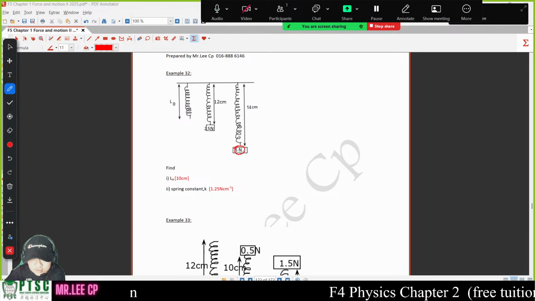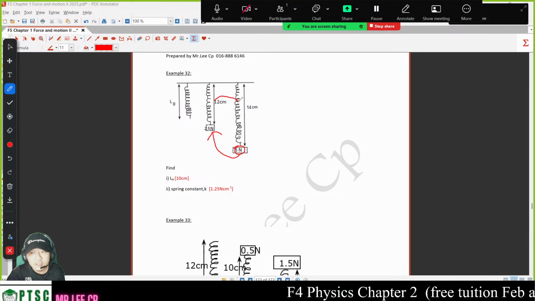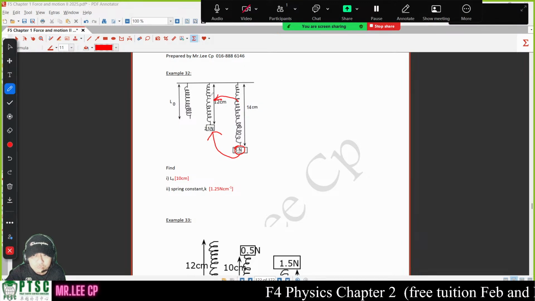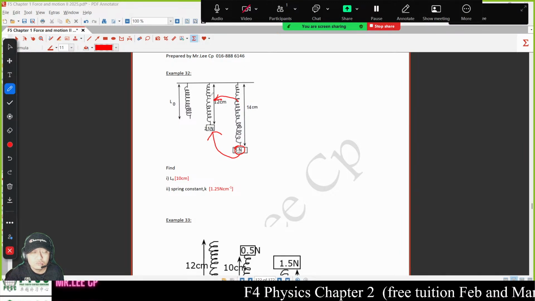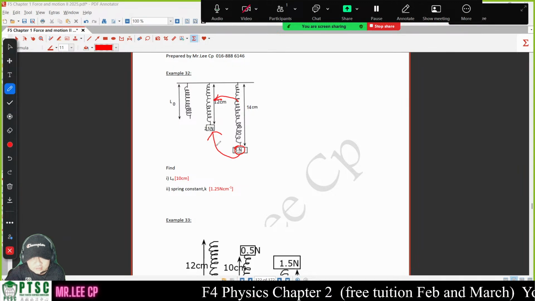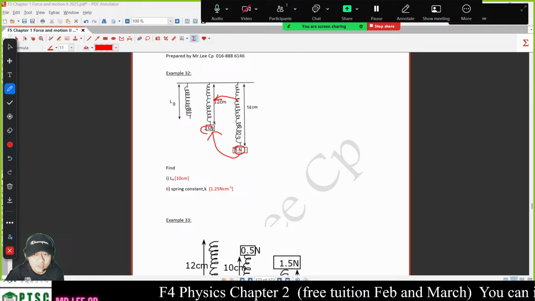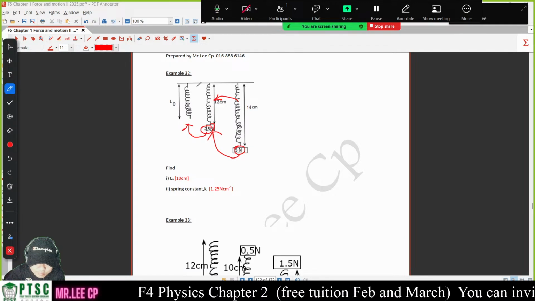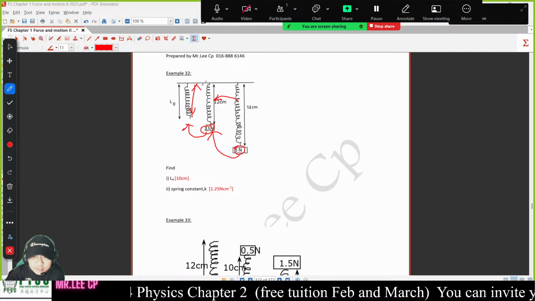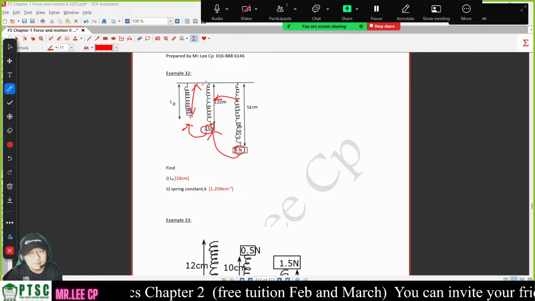So I reduce 2.5, and it reduces 2 cm. I repeat: I got 5, I reduce 2.5, so it reduced 2 cm. So this 2.5 removed, how many cm is this?